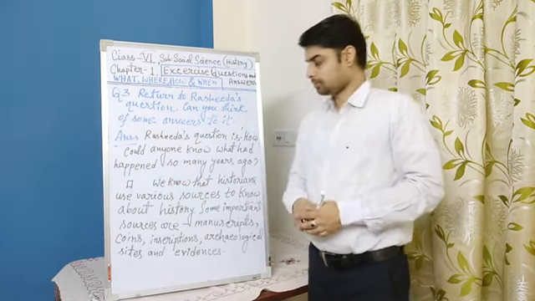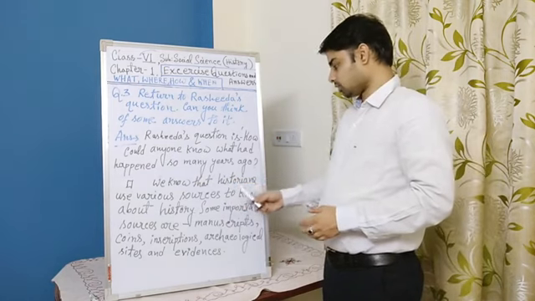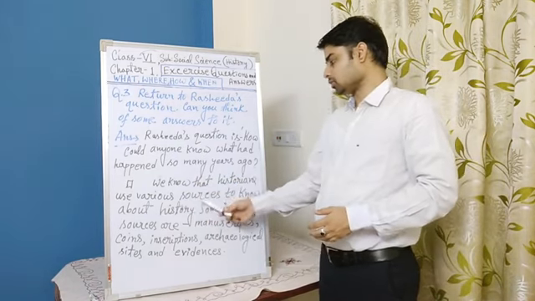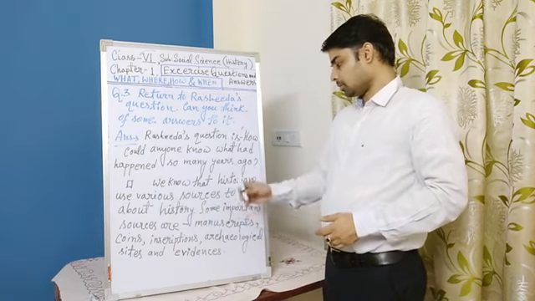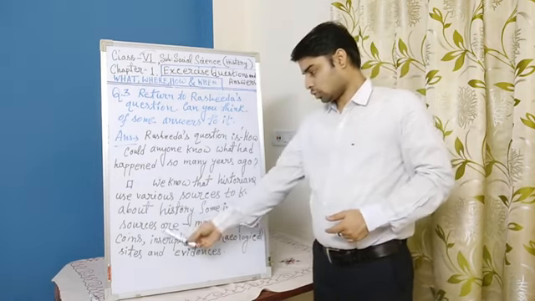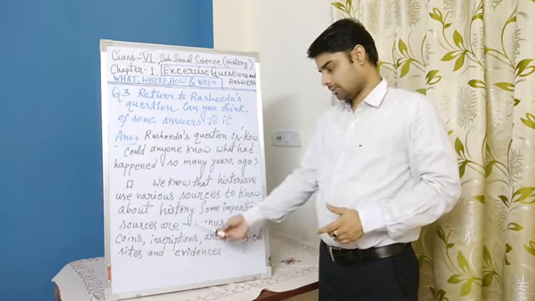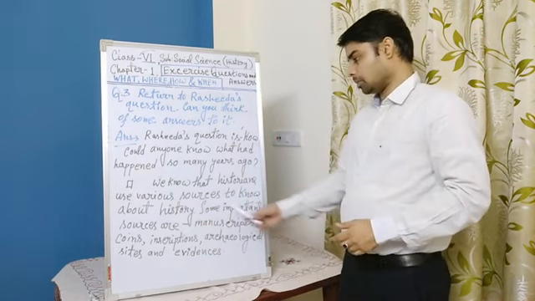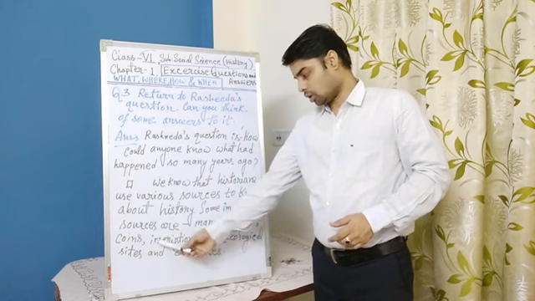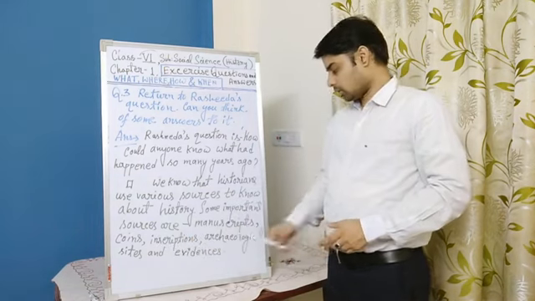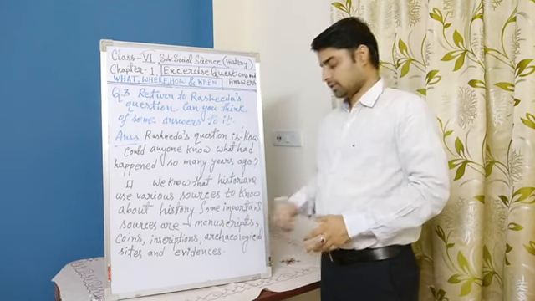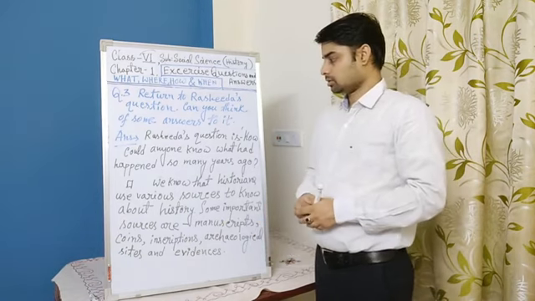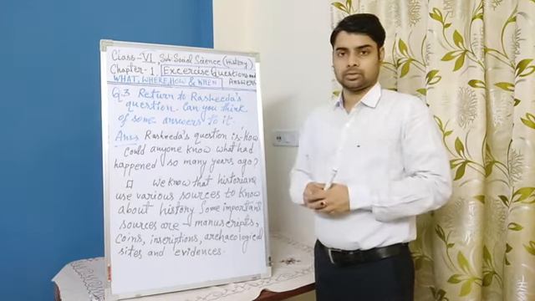So the answer is, we know that historians use various sources to know about history. Full stop. Some important sources are manuscripts, coins, inscriptions, archaeological sites and evidences. So this is the answer of question number 3.